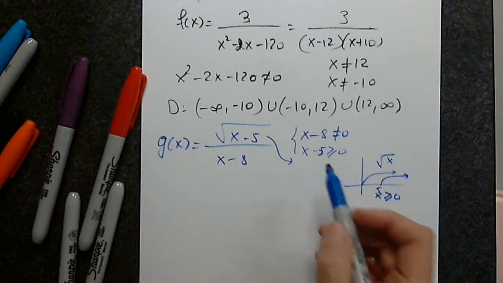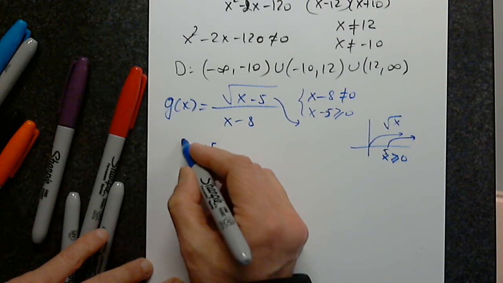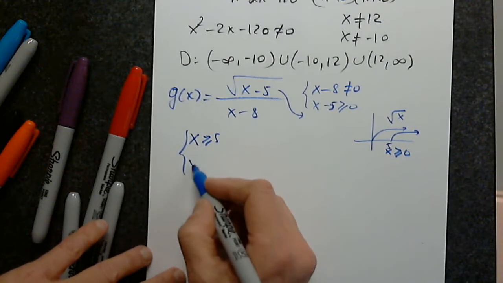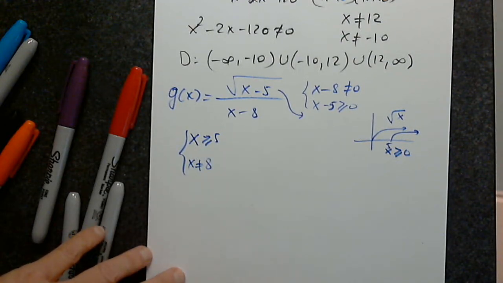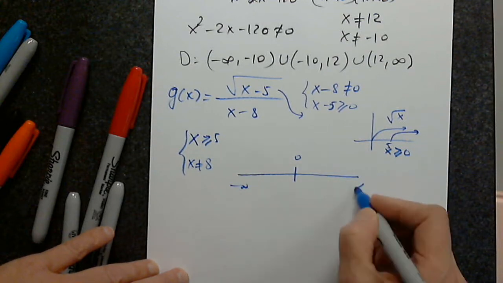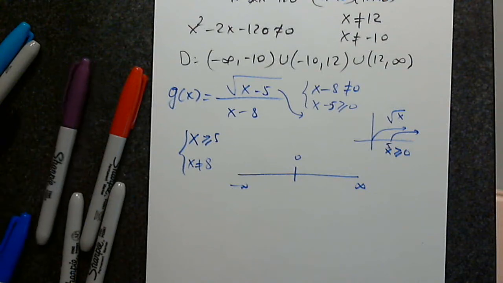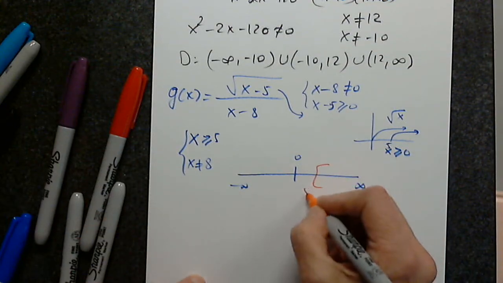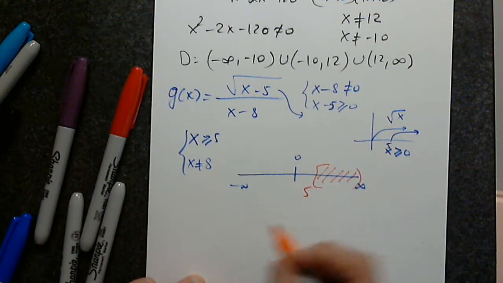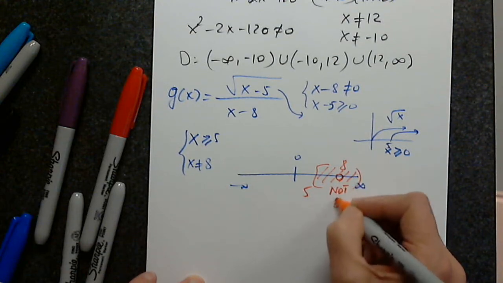When I solve x minus 5 greater than or equal to 0, I get x greater than or equal to 5. When I solve the other, I get x not equal to 8. So now on the real line, you don't have to graph. I graph it because it's easier for me to explain. So greater than or equal to 5, but not 8.